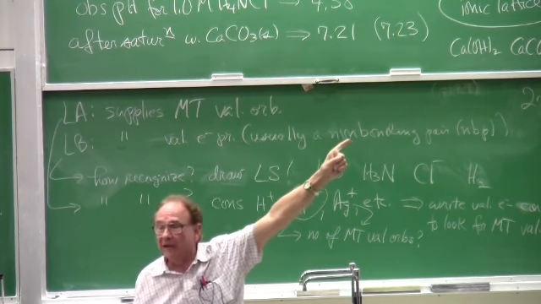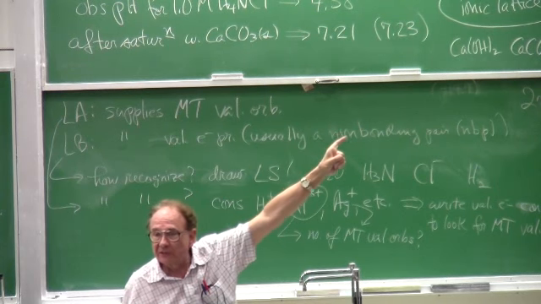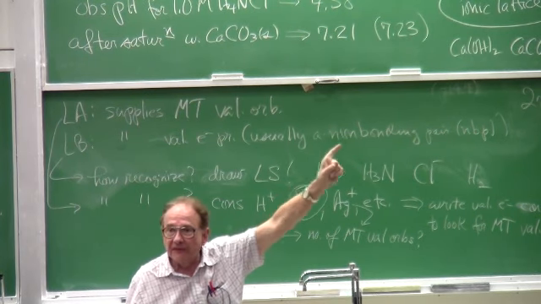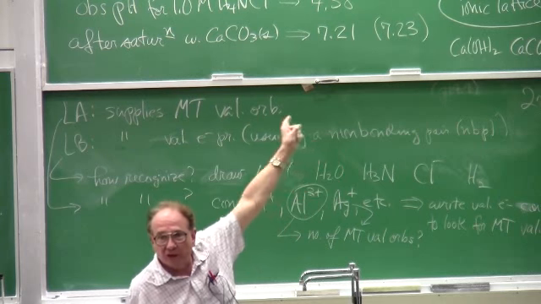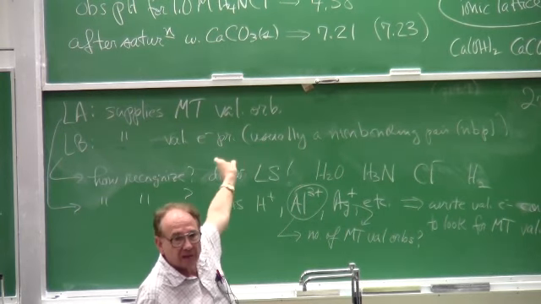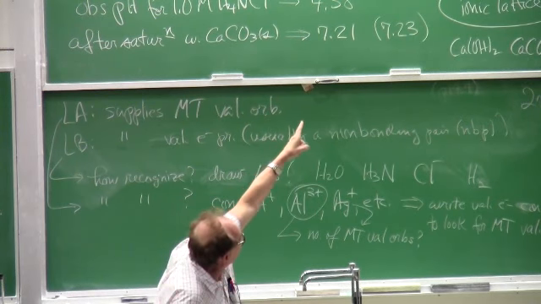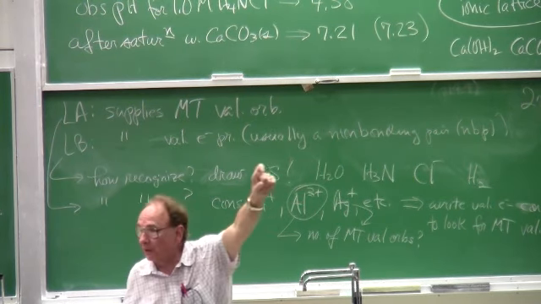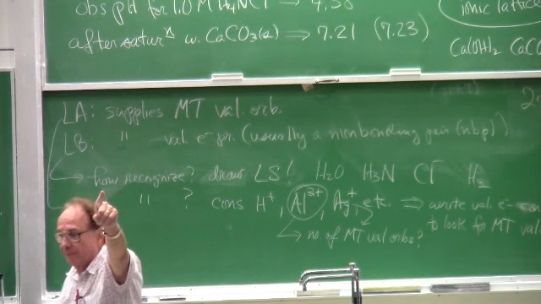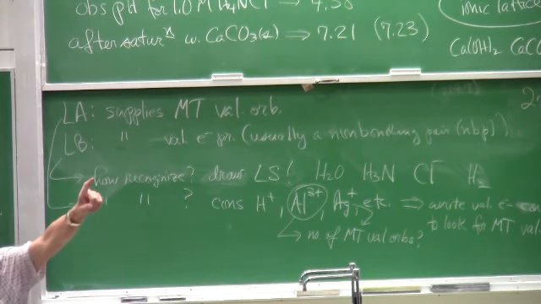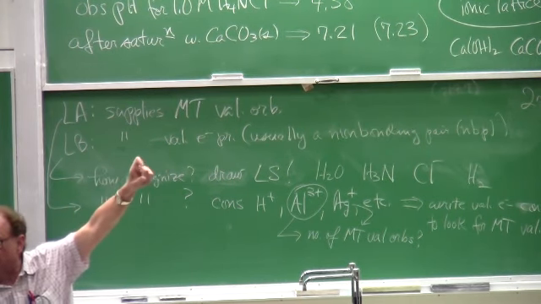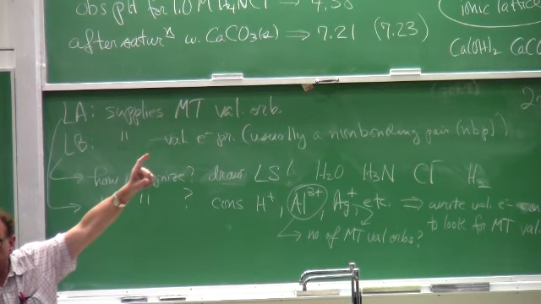Li, Be on down through neon. That's period 2, that corresponds to energy level number 2. That means the valence electrons and valence orbitals for all the period 2 atoms are energy level number 2. Period 3, sodium, magnesium on down through argon. All the valence electrons and valence orbitals for period 3 species are energy level number 3.